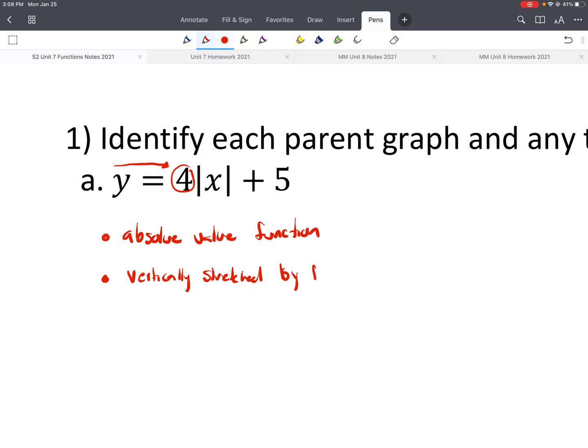I think that's probably best. Next thing we have would be our h. We don't have an h, so we don't need to talk about it. And then we have our k, so it is transformed 5 units up, or transformed up 5.